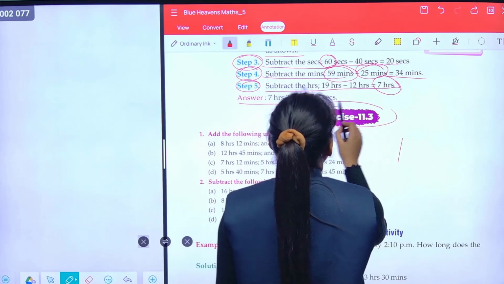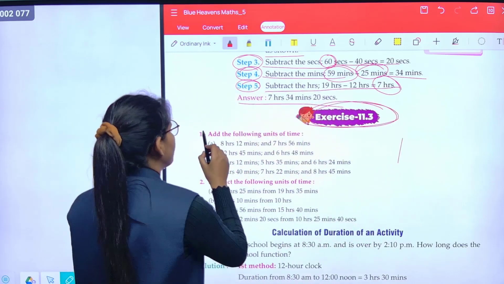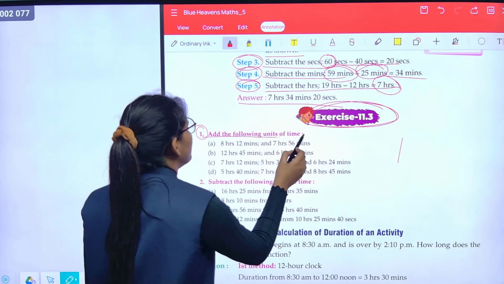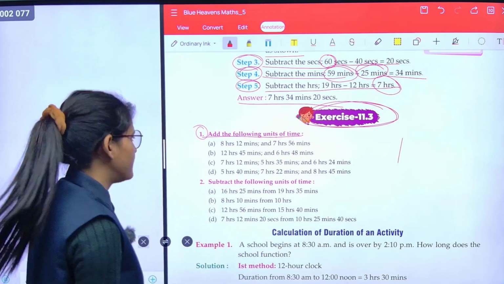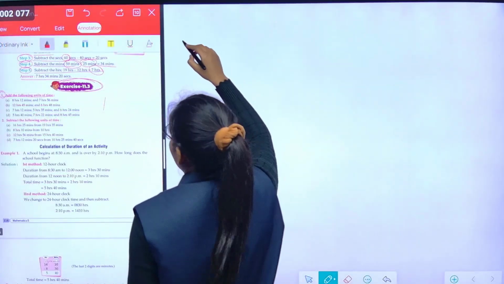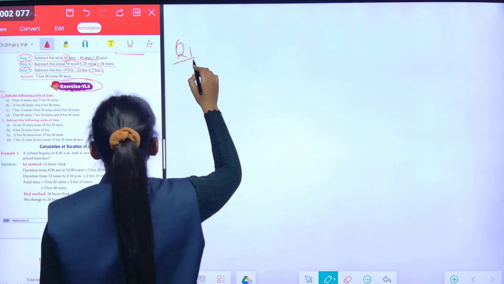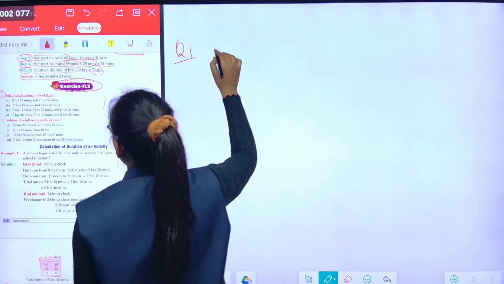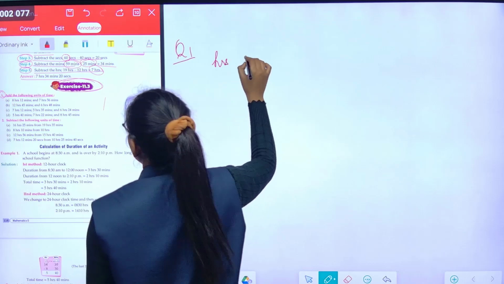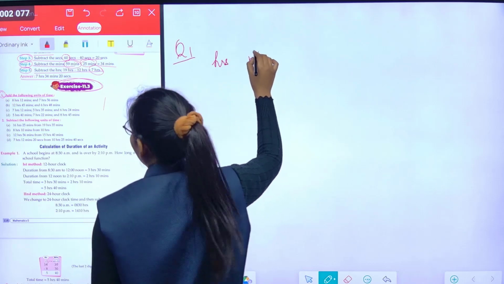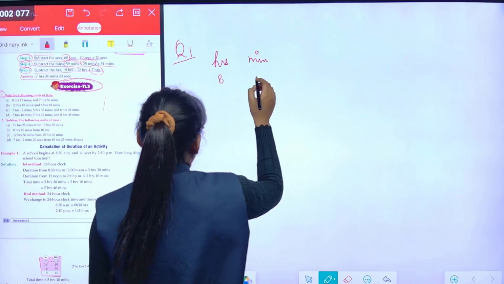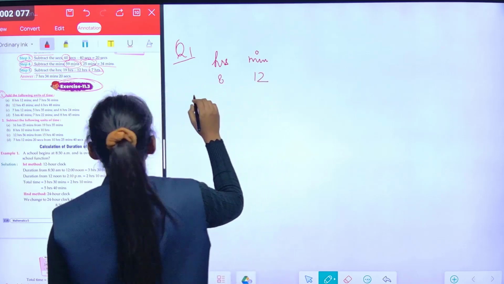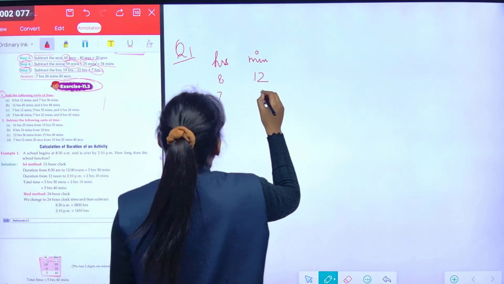Now class, come on, exercise 11.3. Question number 1, add the following units of time. Hours column and minutes column. 8 hours 12 minutes, 7 hours 56 minutes.